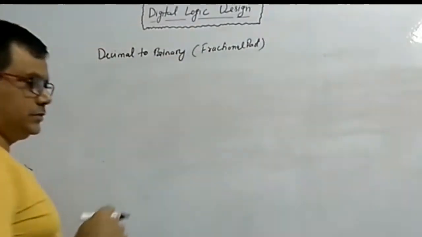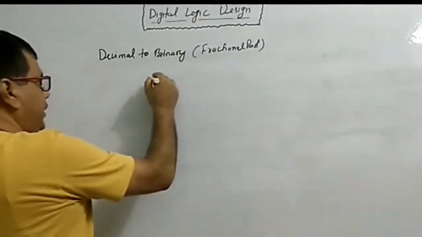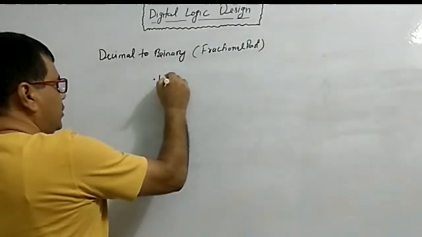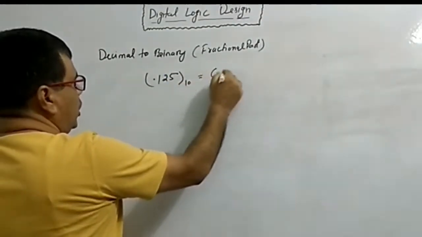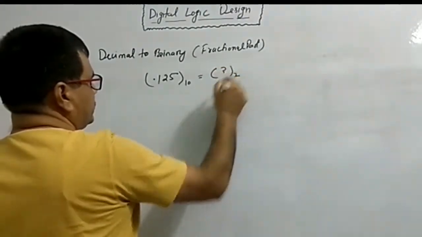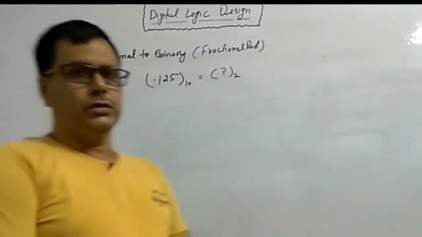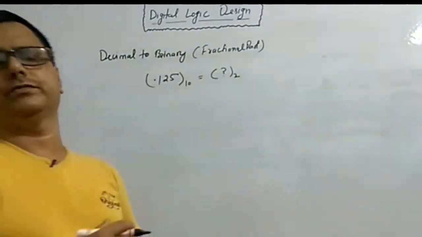Now, let any decimal number be 0.125. How to convert it to binary? The process is very simple.